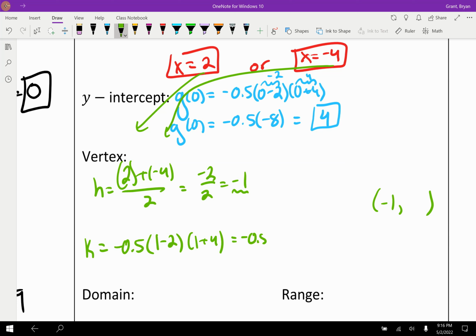So we get negative 0.5 times negative 1 times positive 5. If we do this, a negative and a negative is a positive, so that takes care of that. 1 times 5 is 5, so I'm just doing half of 5. I'm getting 2.5. Okay? Negative 1 comma 2.5.